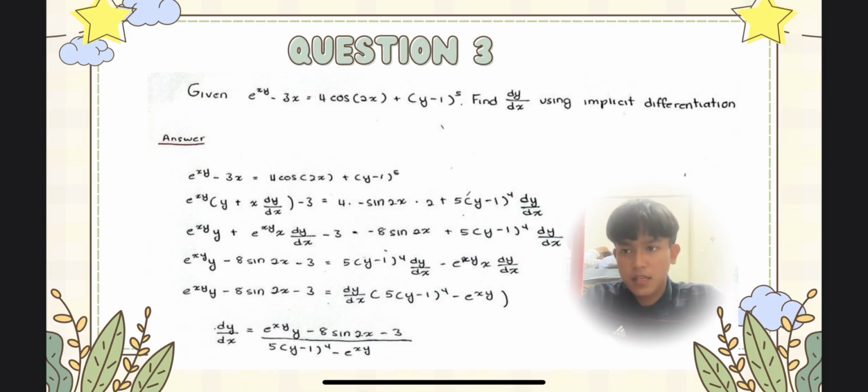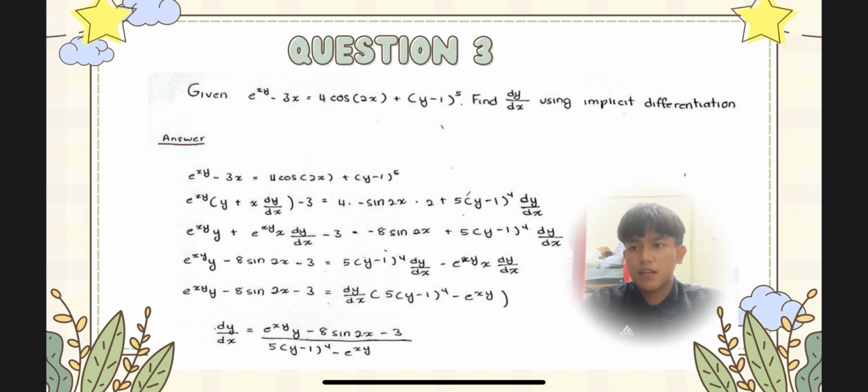Okay, next, we must move terms with the same symbol to the same side. So e^(xy) y minus 8 sin 2x minus 3 equals 5 (y minus 1)^4 dy/dx minus e^(xy) x dy/dx.